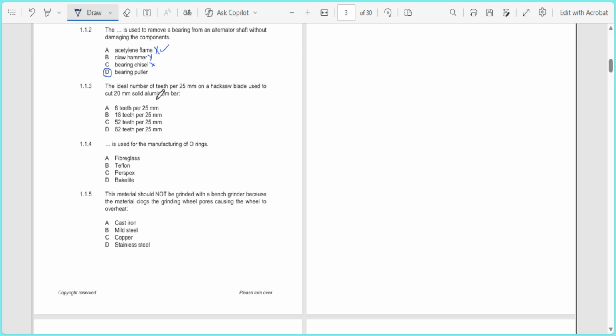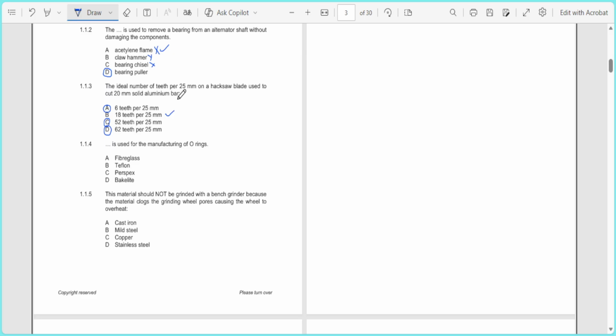Because it's soft, we cannot use teeth that are too long or too short. We should find that sweet spot somewhere in between. This is the smallest number of teeth, and this is the biggest. So the correct answer should be B.